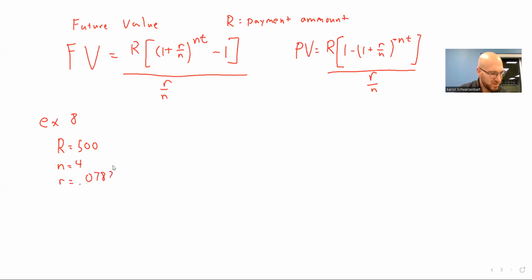So that's my rate. It asks what her investment will be worth in 20 years. Oh, wait, no, time is 20. Future value is my unknown.